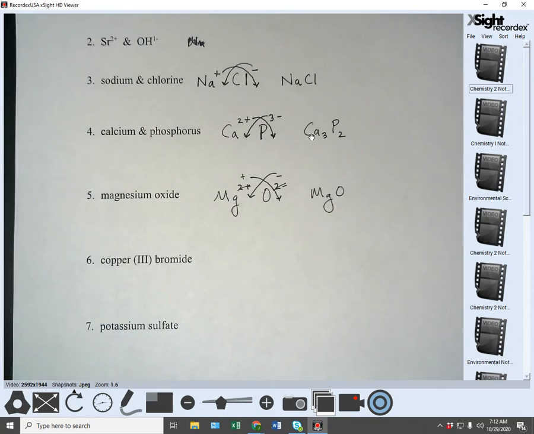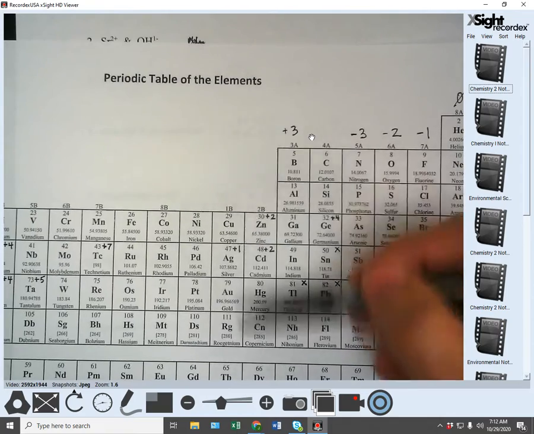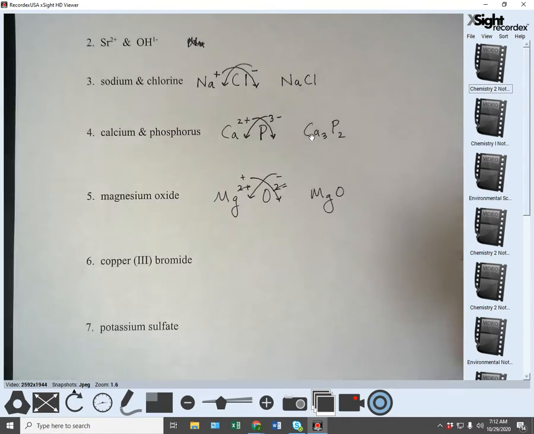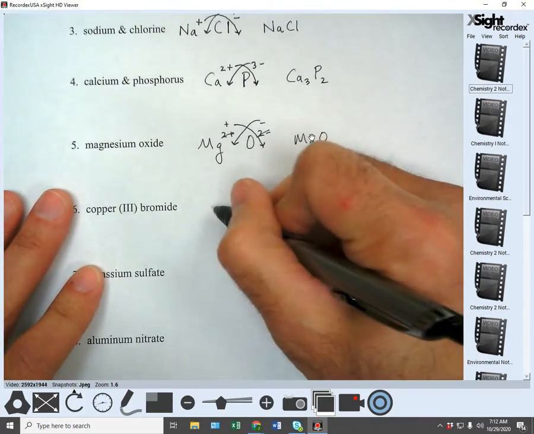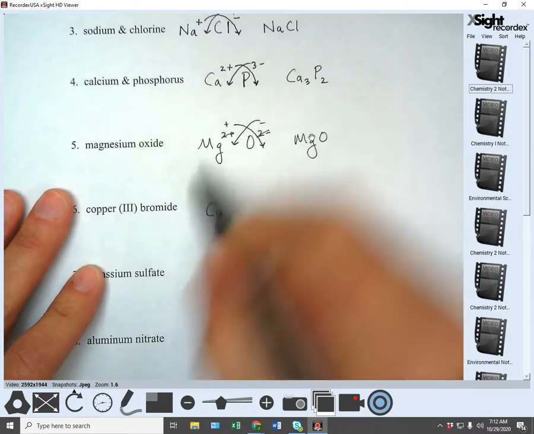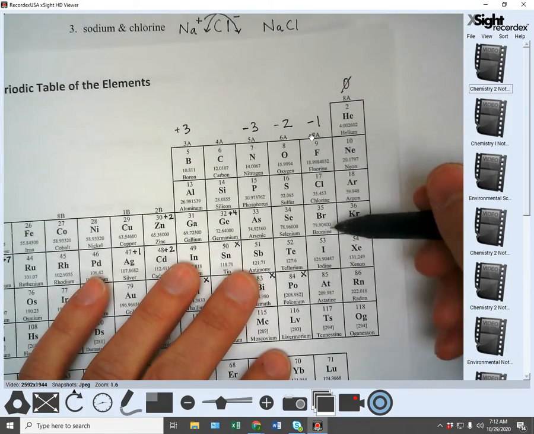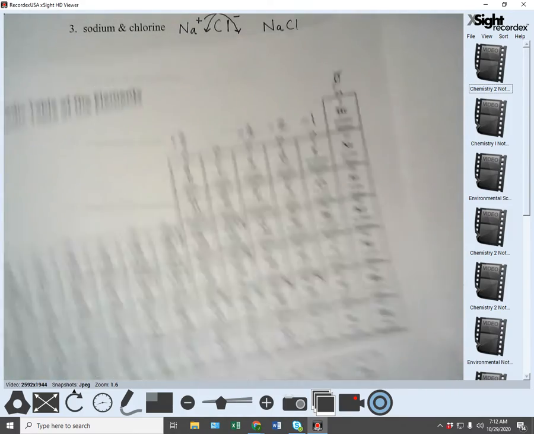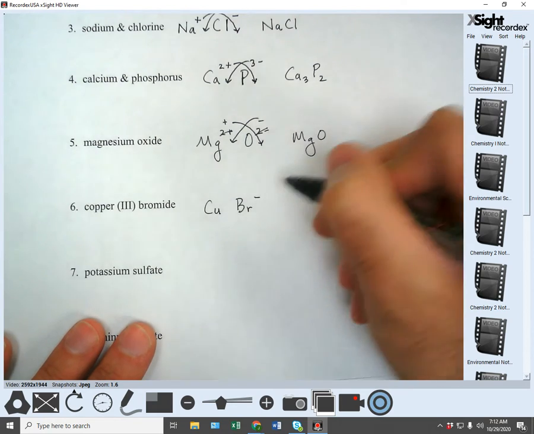If we look up copper on our periodic table, it's here in the middle. We don't know what the charge is. So if we're trying to do our crisscross and we do copper, Cu, we don't have the charge. Bromide is from bromine. We look up bromine. Bromine we know is a -1. Okay, so it'd be Br -1.